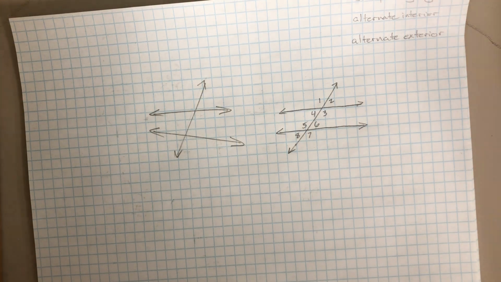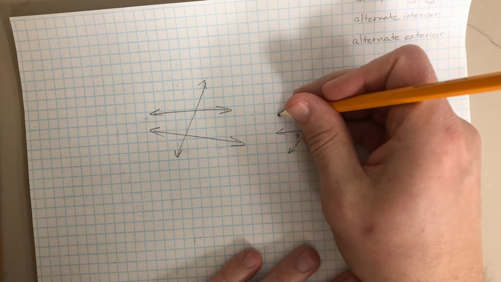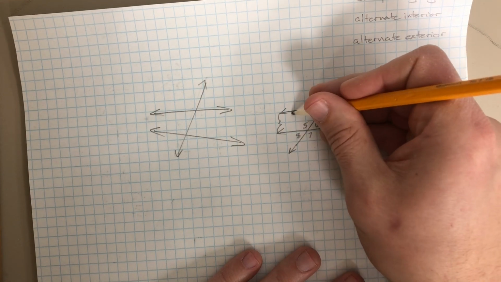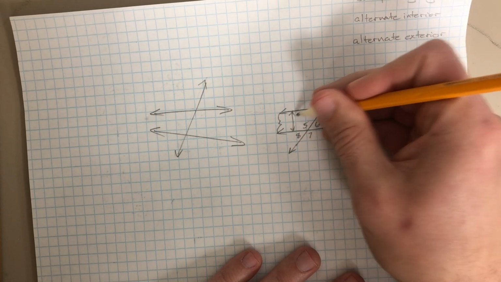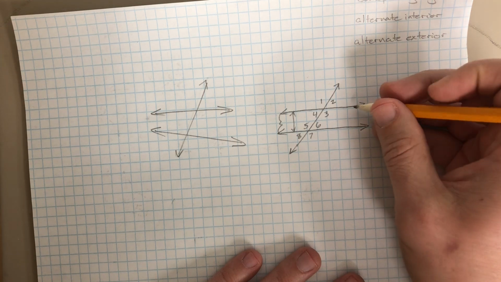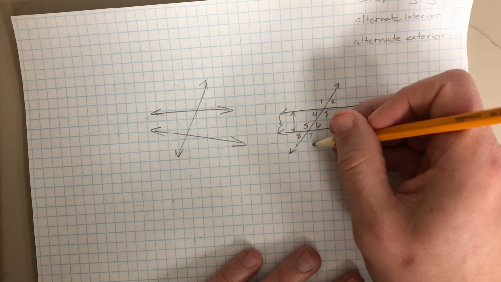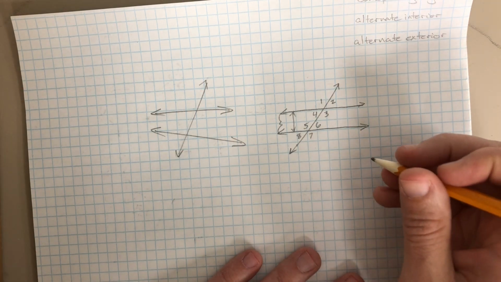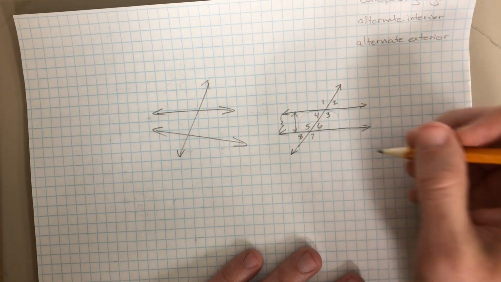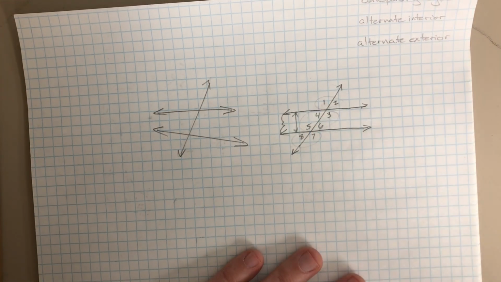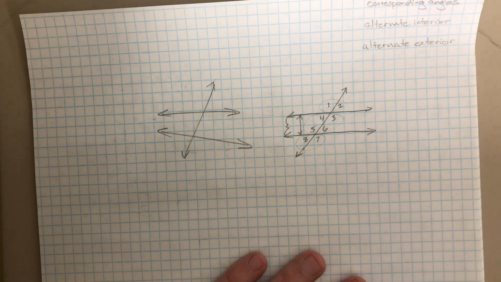We call the angles that are in between the two lines interior angles, and those that are outside of these two lines are called exterior angles. So interior would be 3, 4, 5, and 6. Exterior would be 1 and 2, and 7 and 8.